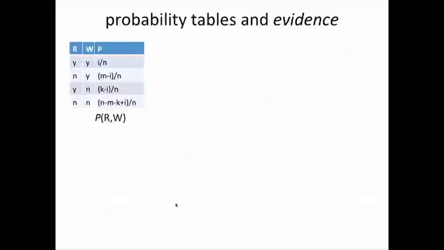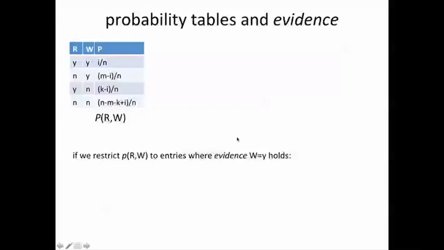Suppose we have a joint probability distribution, like the probability of rain and wetness, and we find that the grass is actually wet. In other words, we have observed some evidence, and that evidence tells us that the grass is wet. So W equals yes.